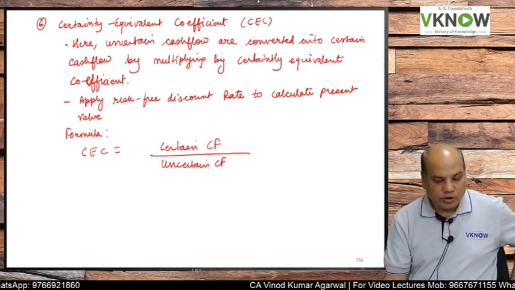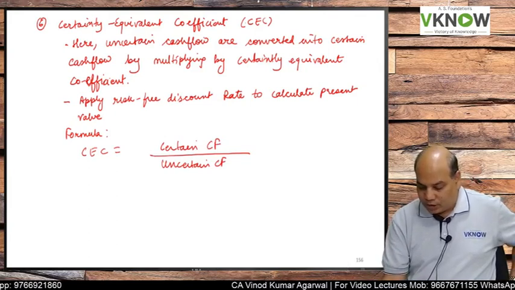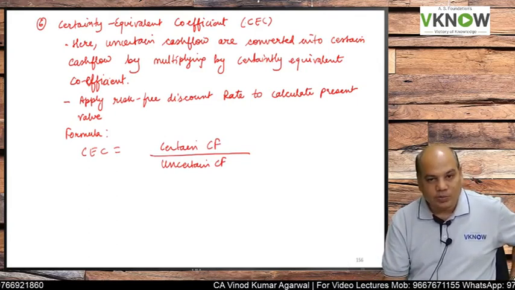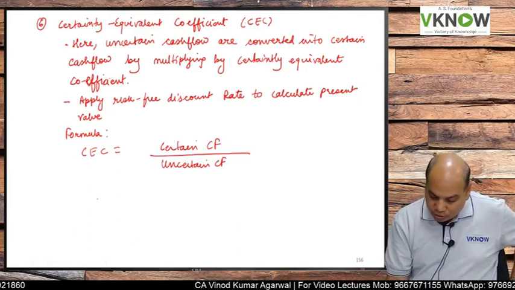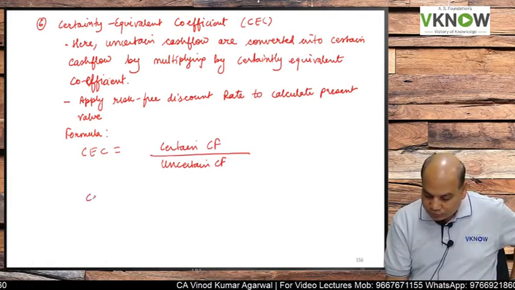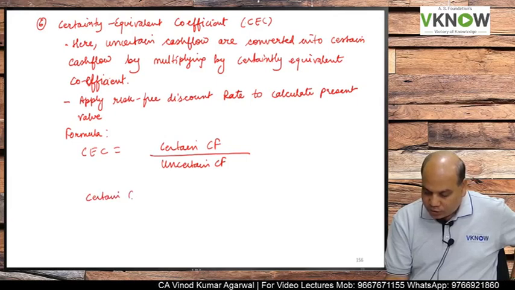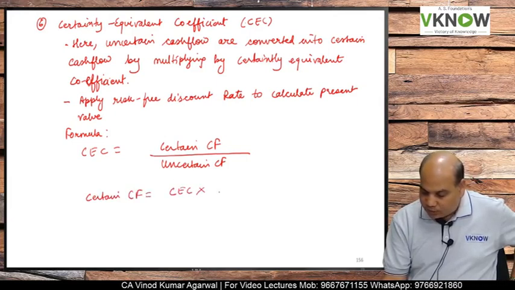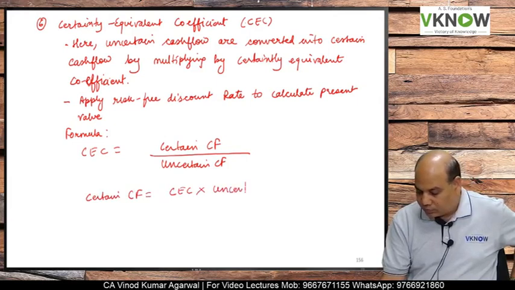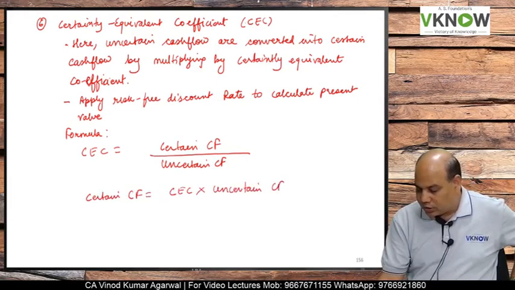We'll solve a question in the next few minutes. Then I will further explain with the help of numbers. Or second formula, certain cash flow is equal to CEC multiplied by uncertain cash flow.